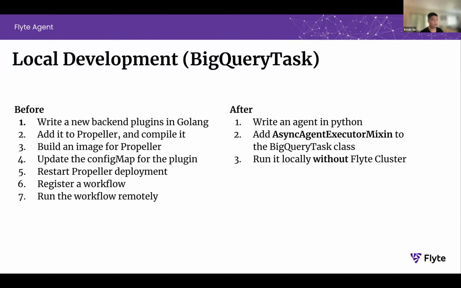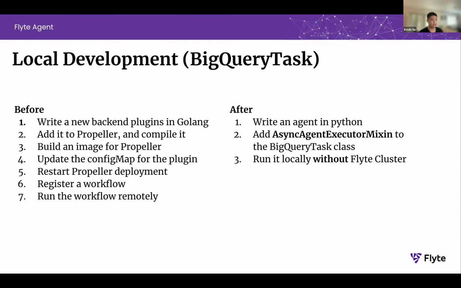Then you have to update the config map to enable the plugin, restart the propeller deployment, and register a new workflow. The reason is that you cannot use Flyte to run the Golang code of the backend plugin, so to test it, you have to run the workflow remotely.